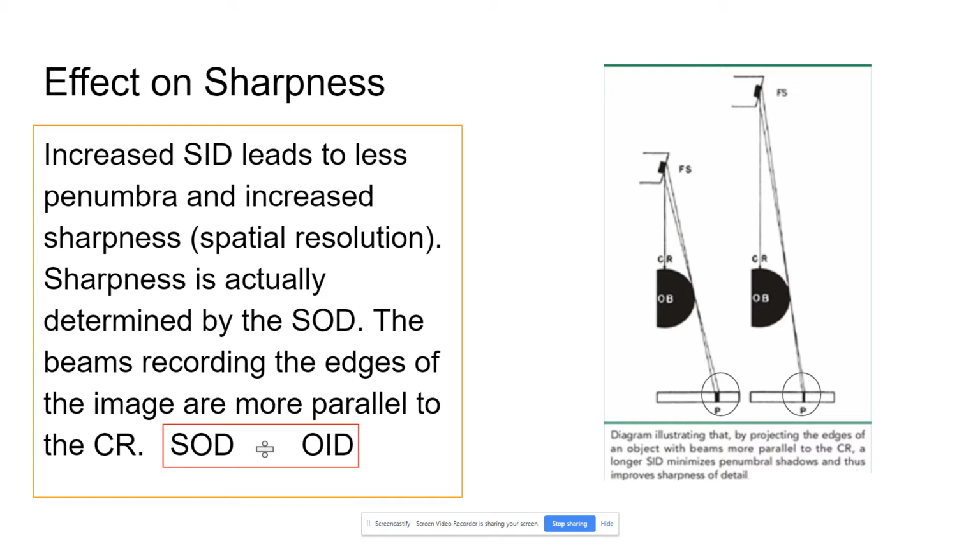So we try, whenever possible, to keep our OID down, but on this slide, for sure, we try to keep our SID up. Now, SID should be up for two reasons. One is sharpness, right?